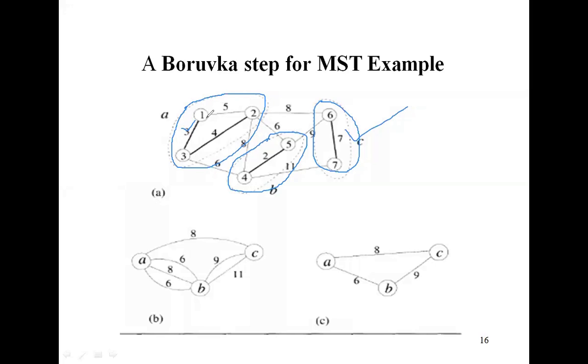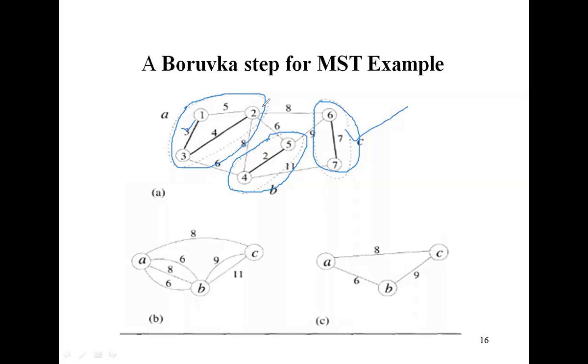See here, 1, 2, 3 is one component. This entire component 1, 2, 3 together we can consider as A. A is the name of this component, with the 1, 3 and 2, 3 edges. All these three vertices together are A.